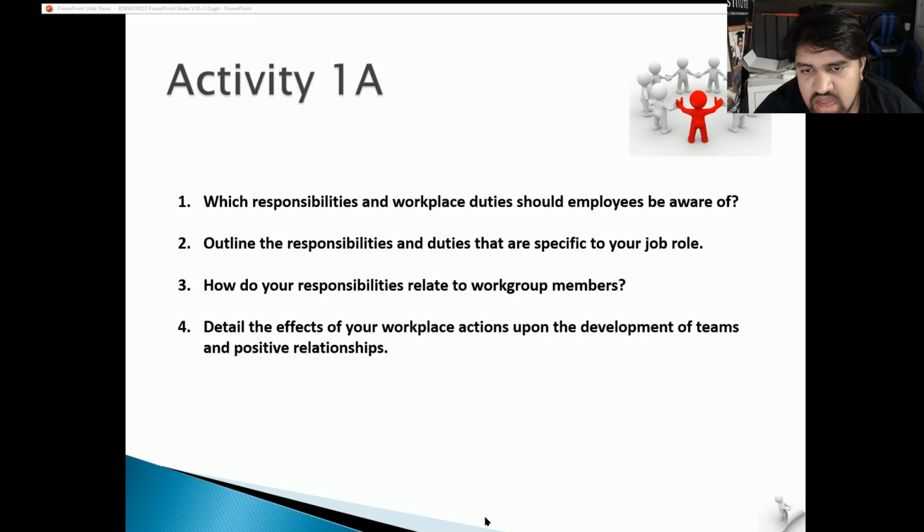Okay, how do your responsibilities relate to work group members? So as a chef, it is very related to everybody, as if you mess up, everybody else will also follow through and may make mistakes as you make mistakes, because it's like a domino effect.